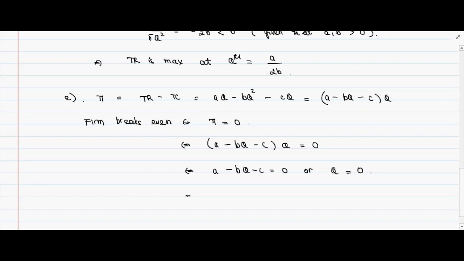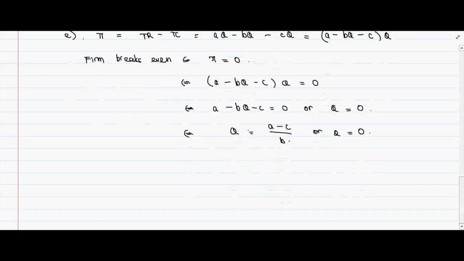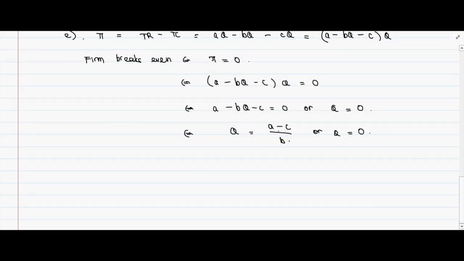Solving for Q, I get Q equal to A minus C, everything divided by B, or Q equal to 0. So as you can see, the firm is going to break even if it's producing either Q equal to A minus C on B or producing nothing. So stop producing or producing this much.